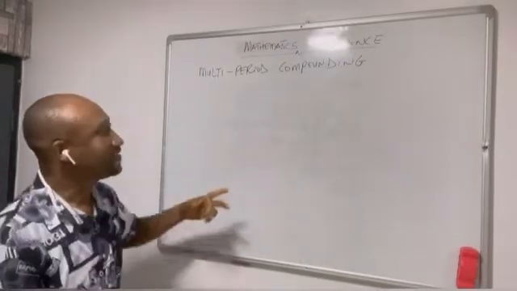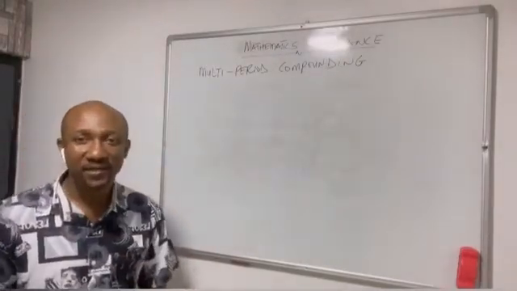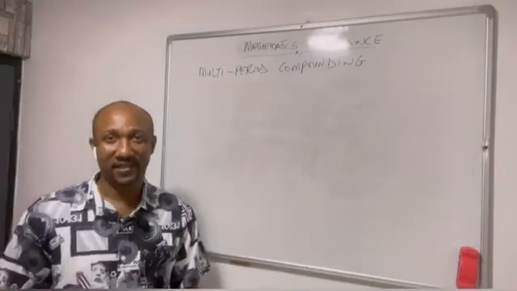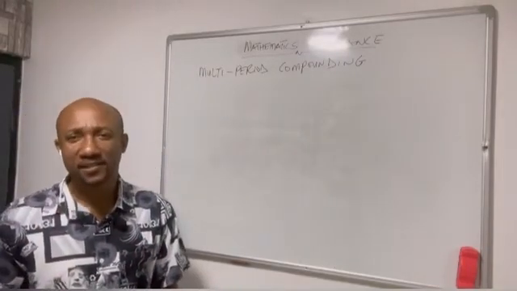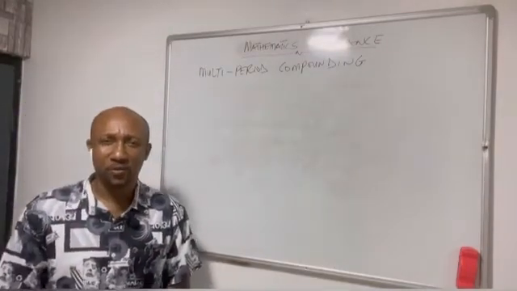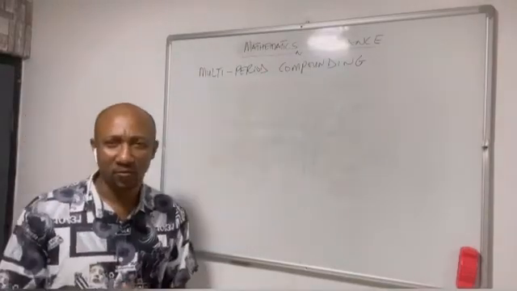All we have been considering since is with the assumption that interest is paid only once in a year. But we know that in reality, we can be faced with a situation where interest is paid more than once in a year.